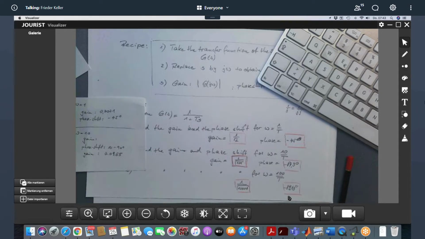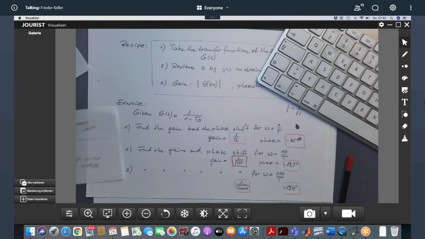And I could also ask you, hey, what is the gain for frequency 0? I have not asked here. But if I had asked, you would have replaced the omega by 0. Replace s by j omega, that omega to 0, and then you will see a 1 comes out.